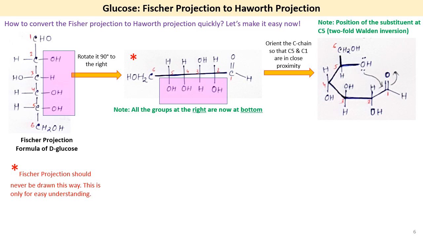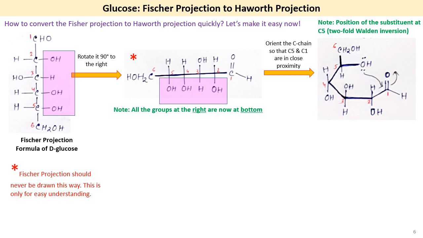This takes a little practice, but the only thing you have to do is you have to take the C2 and C3 at the bottom part. C1 is already in the bent position. C4 will also be in the bent position parallel to C1, and C5, C6 will be like this.